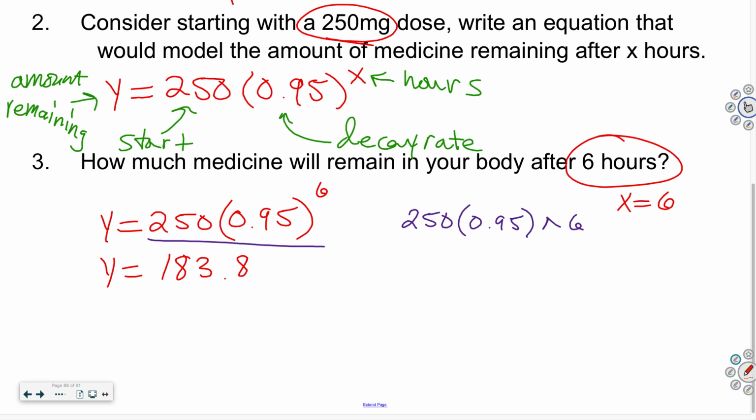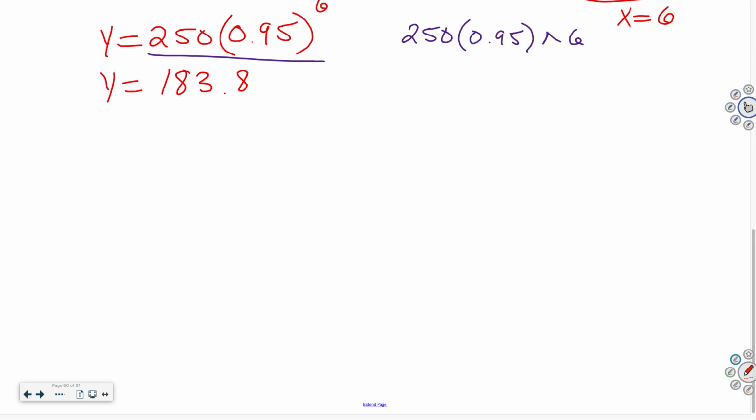Remember, I had this on here just so that it's here for the video. For growth, we have a b that's greater than 1.